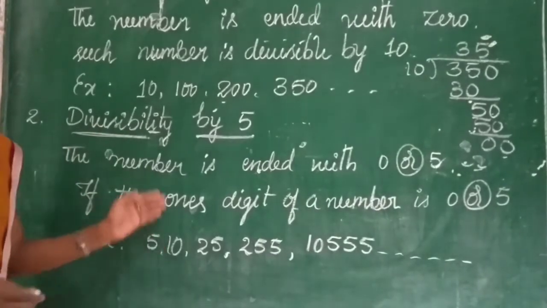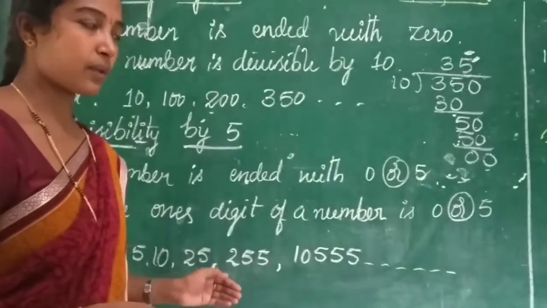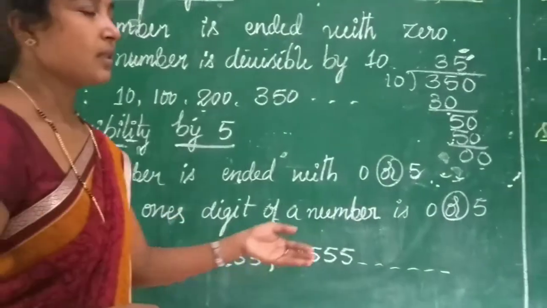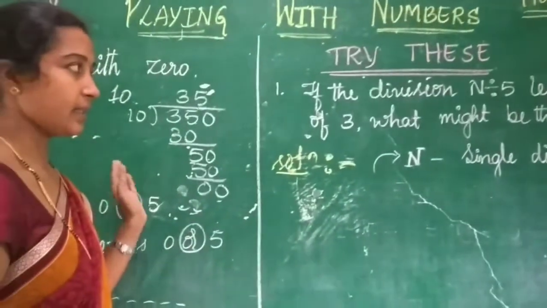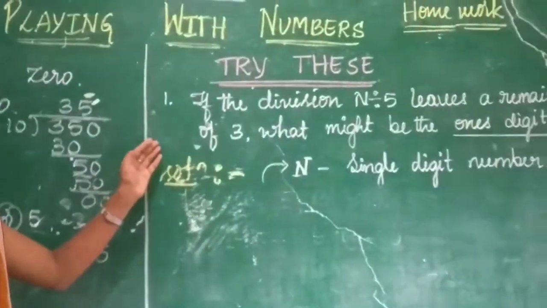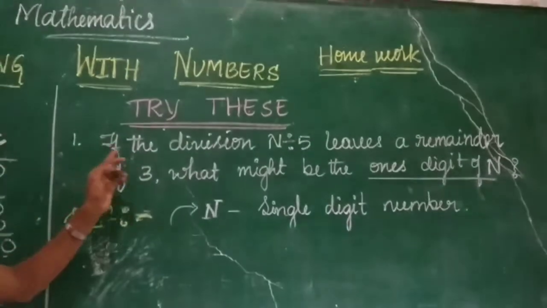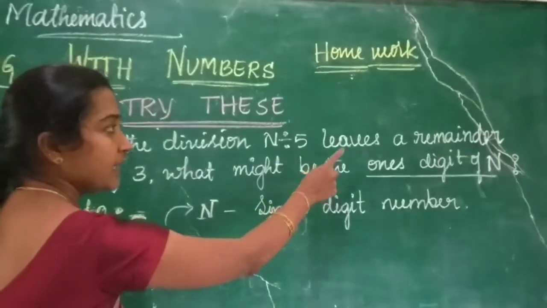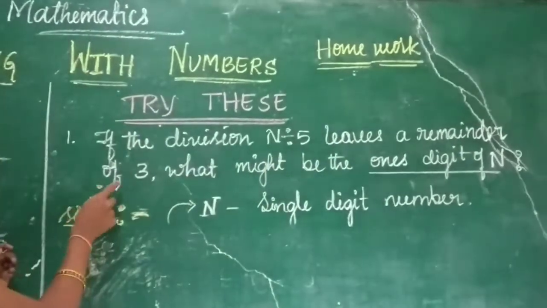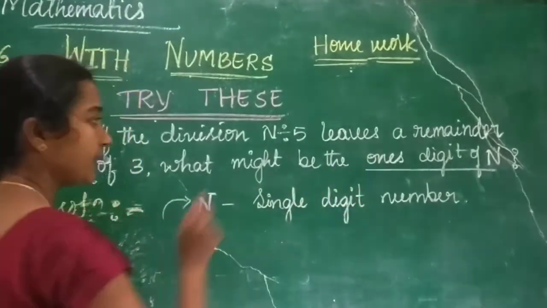In this way, we have to use these rules for solving some problems. Now let us do problems according to divisibility by 10 and 5. See, for example, the first problem: if the division n divided by 5 leaves a remainder of 3, what might be the ones digit of n?